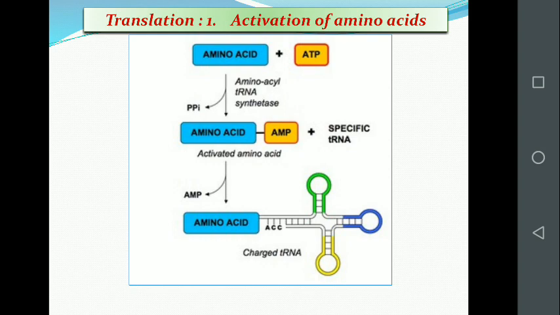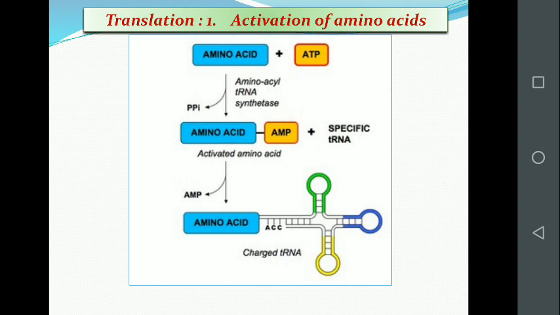If it is alanine, then alanyl tRNA. If it is methionine, then methionyl tRNA. Like that they are charged tRNAs. All the amino acids are attached to their specific tRNA molecules.